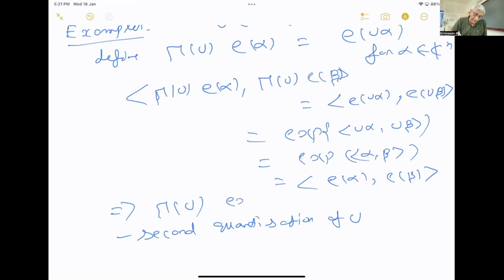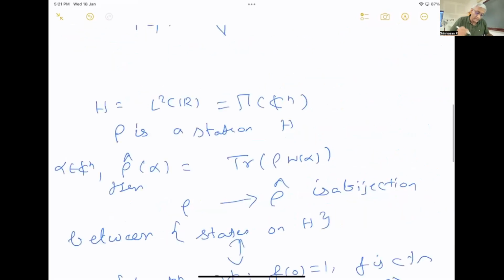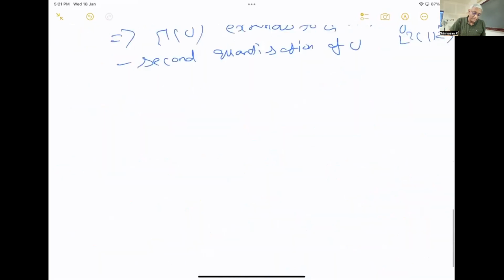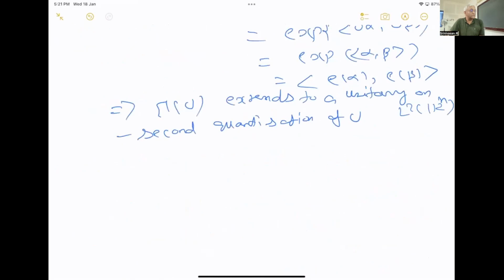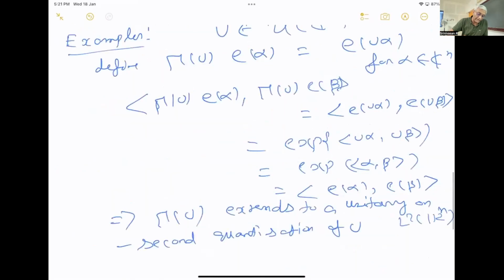Gamma of u extends to a unitary operator on L2 of Rn. Did I write L2 of R there? I sometimes tend to write L2 of R. It should be L2 of Rn. Okay, so this is the second quantization, gamma of u.